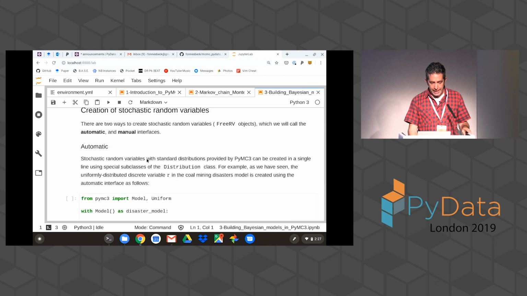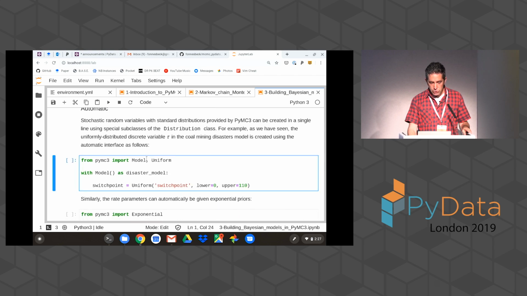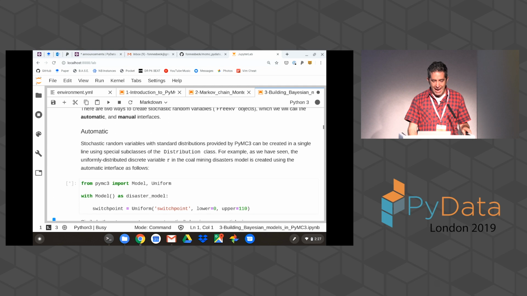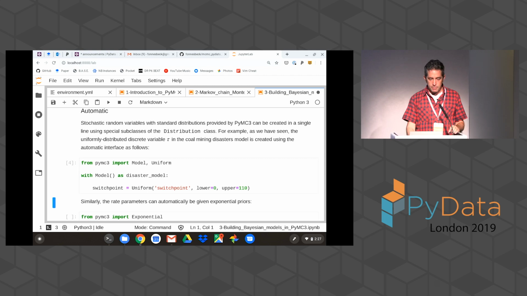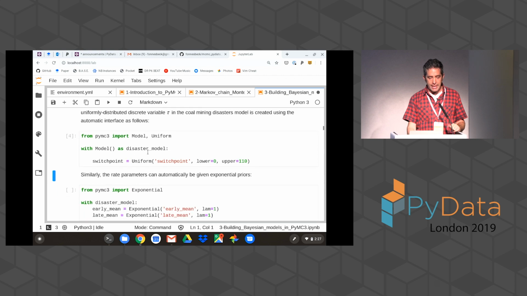The main way that we create stochastic random variables is using what I would call the automatic method, which means that the probability distribution's already been defined and associated with that free random variable. So we can go in and customize this, but most of the time you're going to do it this way. You're going to say, I need a uniform prior for this random variable, so I'm just going to import uniform from PyMC3 and parameterize it as I need it.